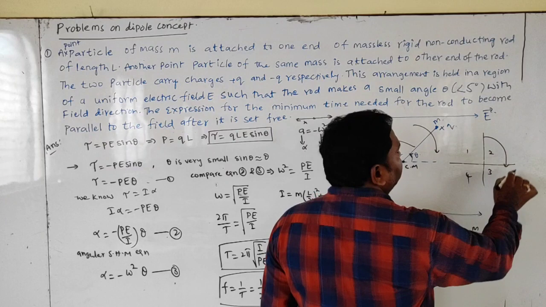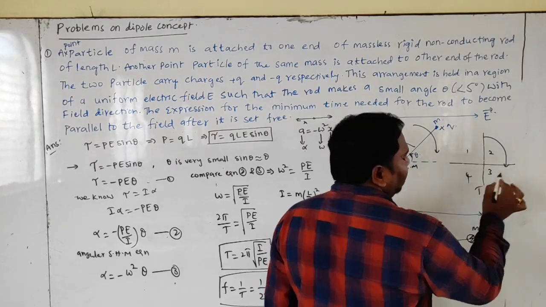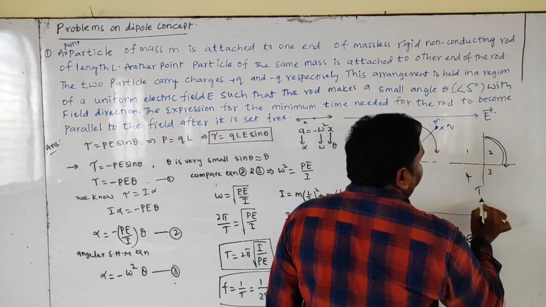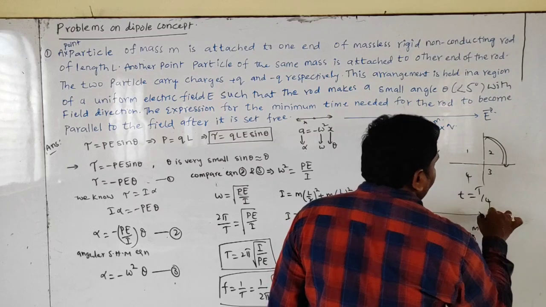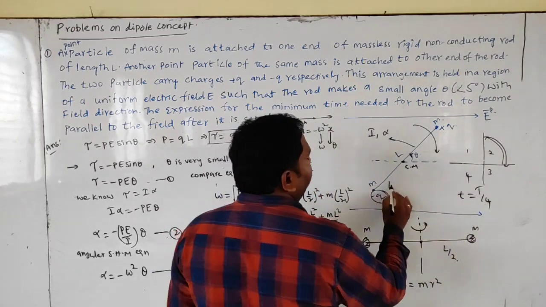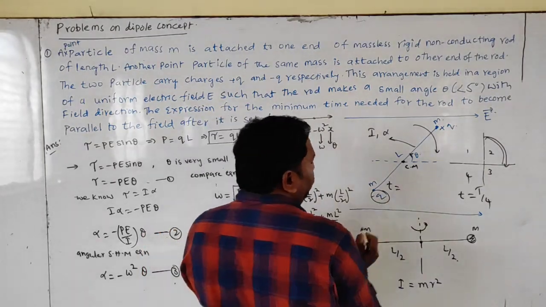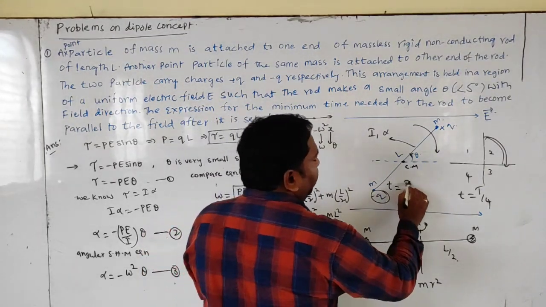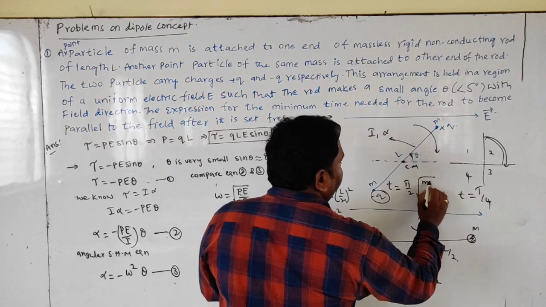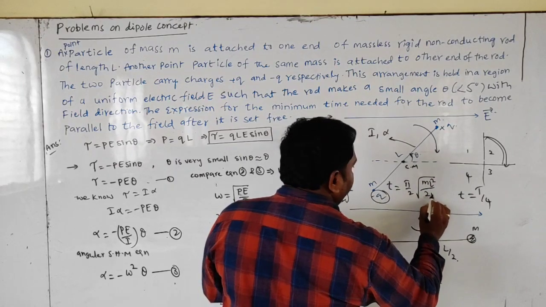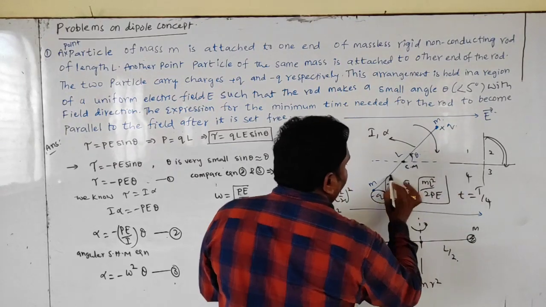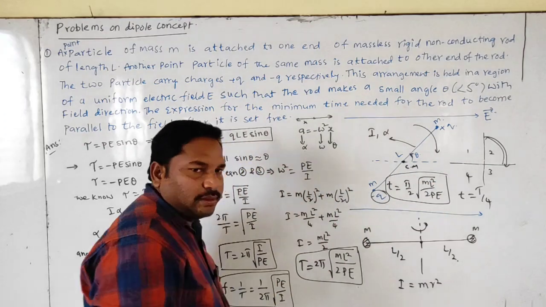For 4 parts the time taken is T, so for one part the time is T by 4. So the required time t equals T by 4, which is 2 pi by 4. So t equals pi by 2 into root over m L square by 2 P, the time for the oscillation.